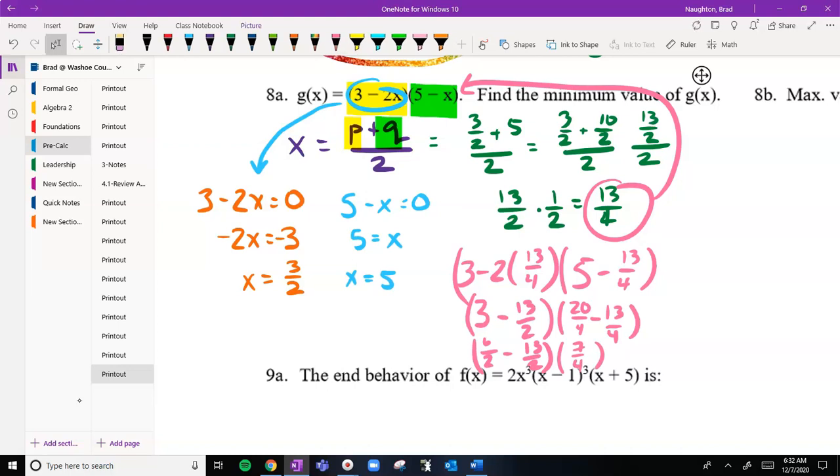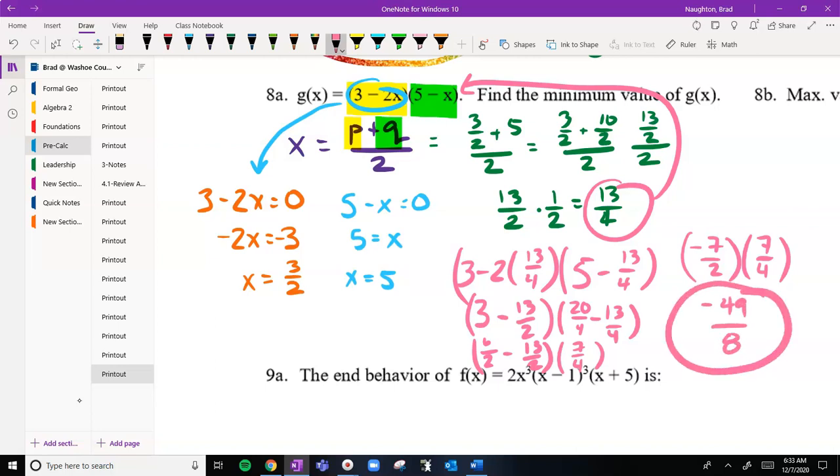Getting a little bit tough to read there, but we're going to get negative 49 eighths. So, ladies and gentlemen, that is our answer right there.